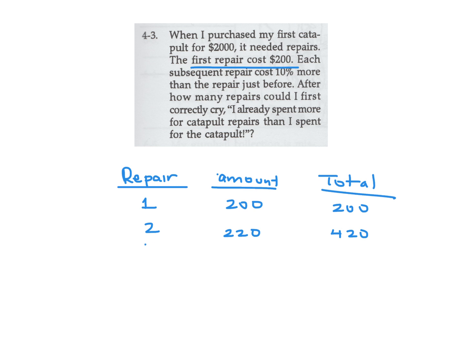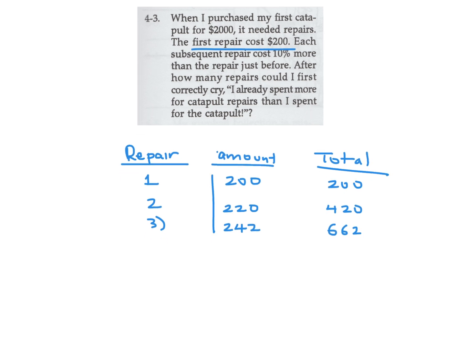And then the third repair is 10% more than the $220, which is $242. And then the cumulative total would be the total of those three, which is $662, I believe. And then just keep going like this. And eventually, once the total exceeds the $2000, then that is when you have spent more on repairs than the cost of the catapult.